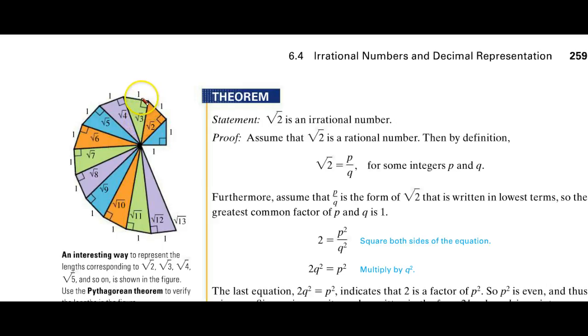And again, if we put that in the Pythagorean theorem, the sides which were the hypotenuse become the square root of 4, square root of 5, square root of 6. Now, notice when we got to the square root of 4, the square root of 4 is rational. And again, when we get to the square root of 9, the square root of 9 is rational.